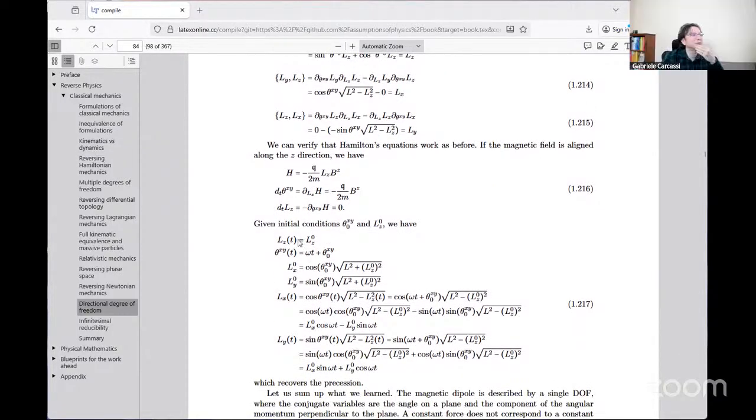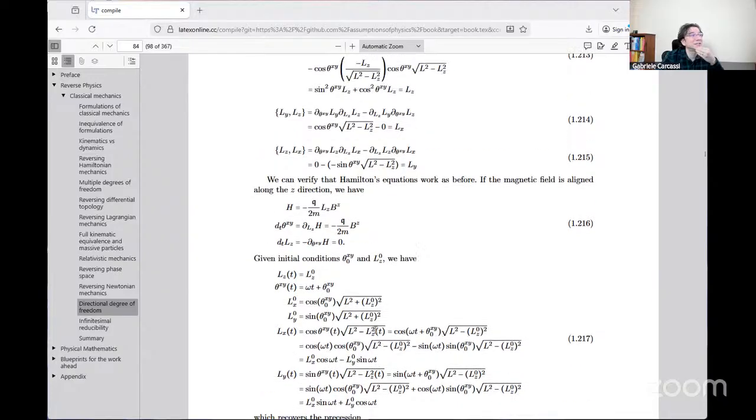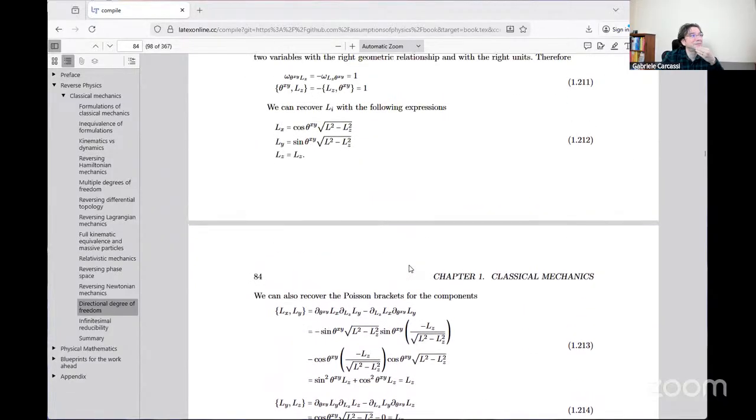Yeah, so now you can set the initial condition for Lz. You can have that the angle is just a linear function of t, where this omega is basically this constant, and then you can write everything else using this relationship.